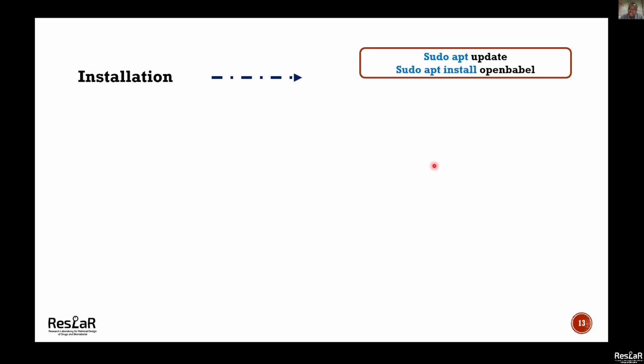OpenBabel has a graphical user interface, so you can run it normally on Windows. But since we are dealing with the command line, working on Linux, on Unix, on Ubuntu, on Debian, whatever, we want to stick to the installations on the command line. So sudo apt update, you update your utilities, then you install OpenBabel.